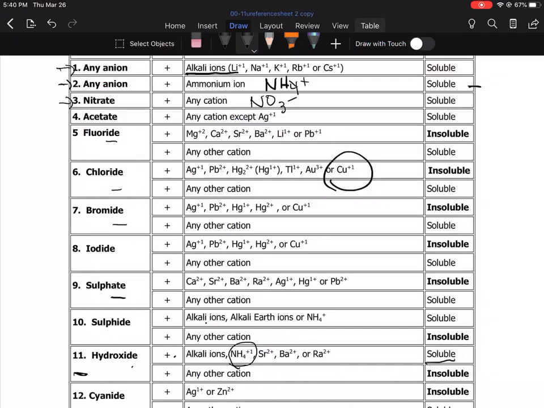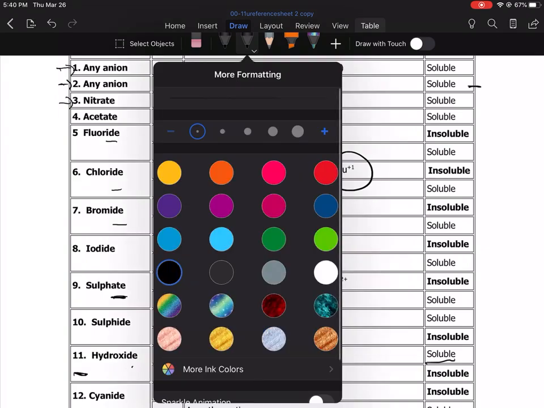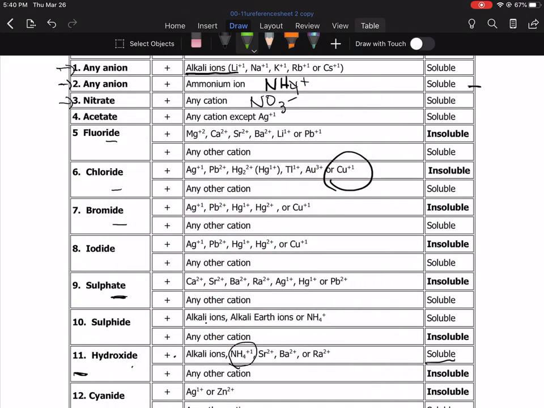So let's just do that. Now we have sulfate and sodium. If you look here, the first column, calcium, strontium, barium, radium, silver, mercury, and lead are insoluble. Sodium is not found there, so it's considered in this row here.